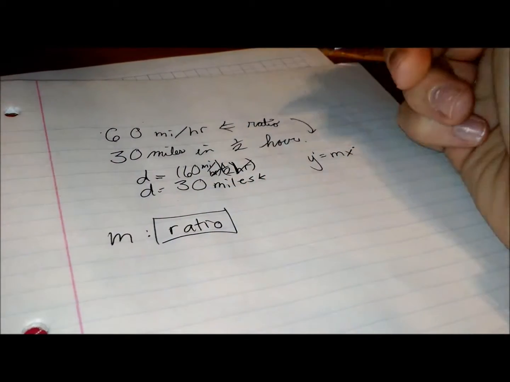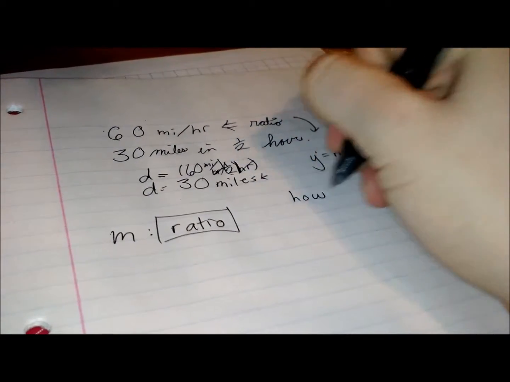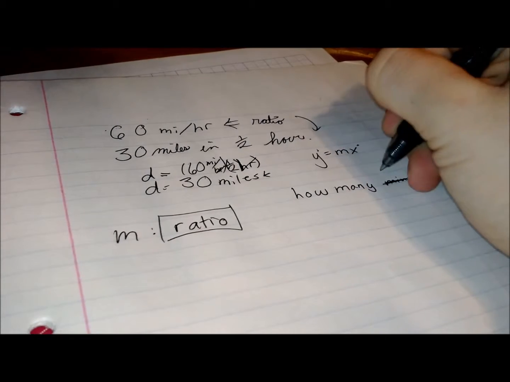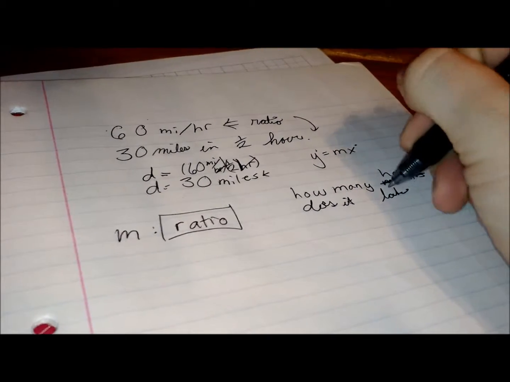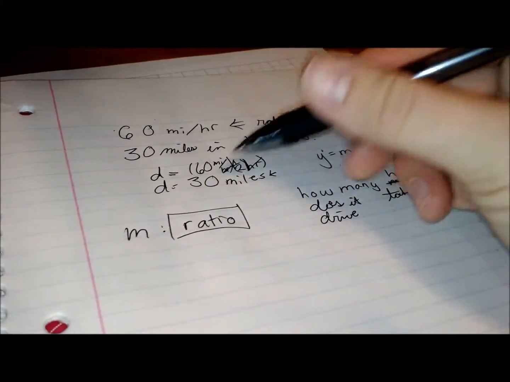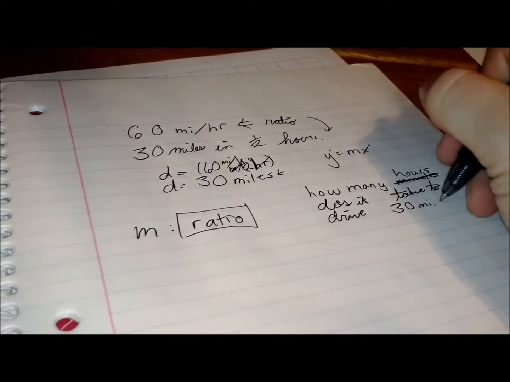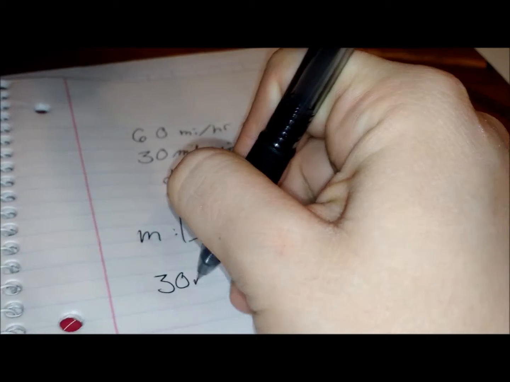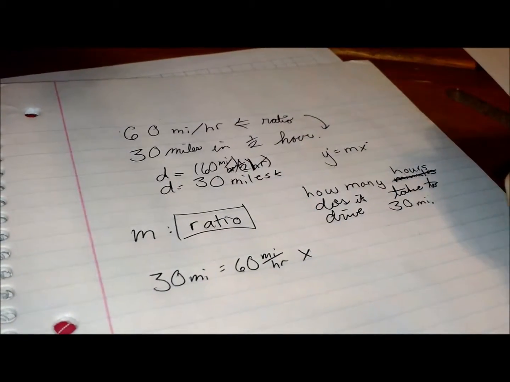If it had been the other way, if I had been given the question, how many hours does it take to drive 30 miles, and the car is driving 60 miles per hour again, to show you how that would work, 30 miles equals 60 miles an hour times x.